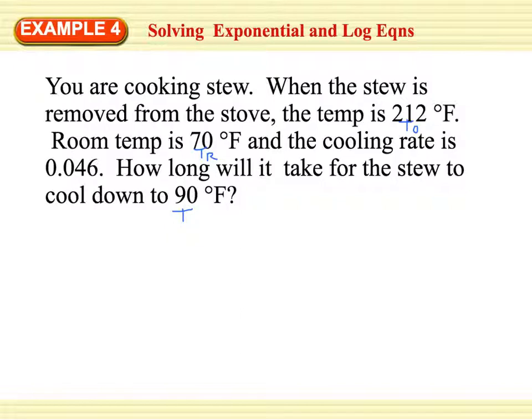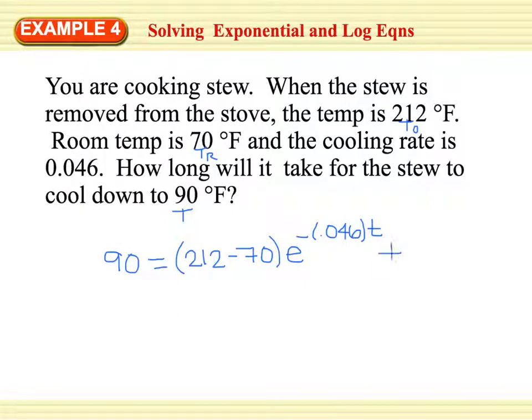So now by plugging into the formula, we have 90 degrees is equal to our change in temp, or 212 minus 70, times e to the negative, our R was 0.046. We do not know what our t value is, but we do know that our room temp was 70 degrees.